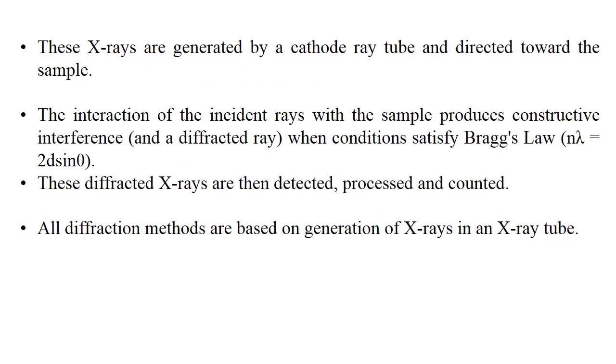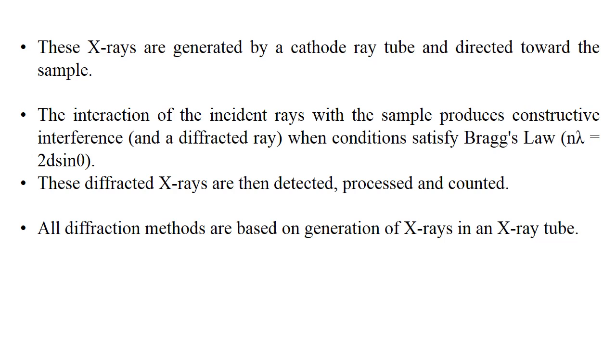These X-rays are generated by a cathode ray tube, filtered to produce monochromatic radiation. These radiations are then collimated to concentrate and directed toward the sample.